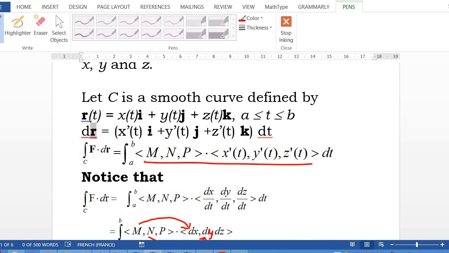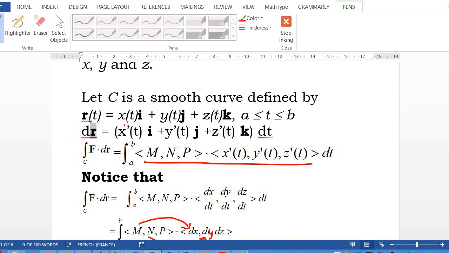Later on, bring dt to the right-hand side, so your dr is x prime(t) i plus y prime(t) j plus z prime(t) k dt. Then you evaluate the dot product, so we are left with a function in terms of t. Lastly, you integrate with respect to t from a to b.